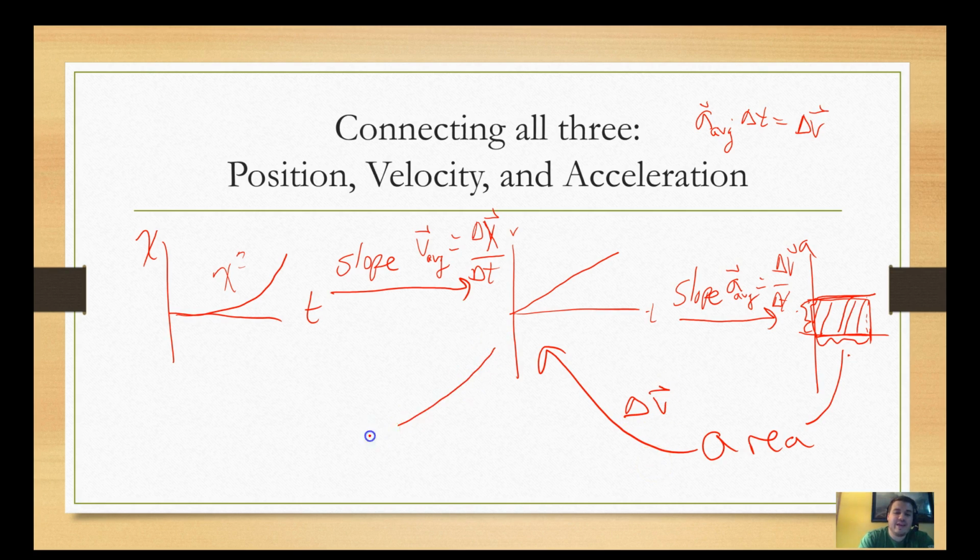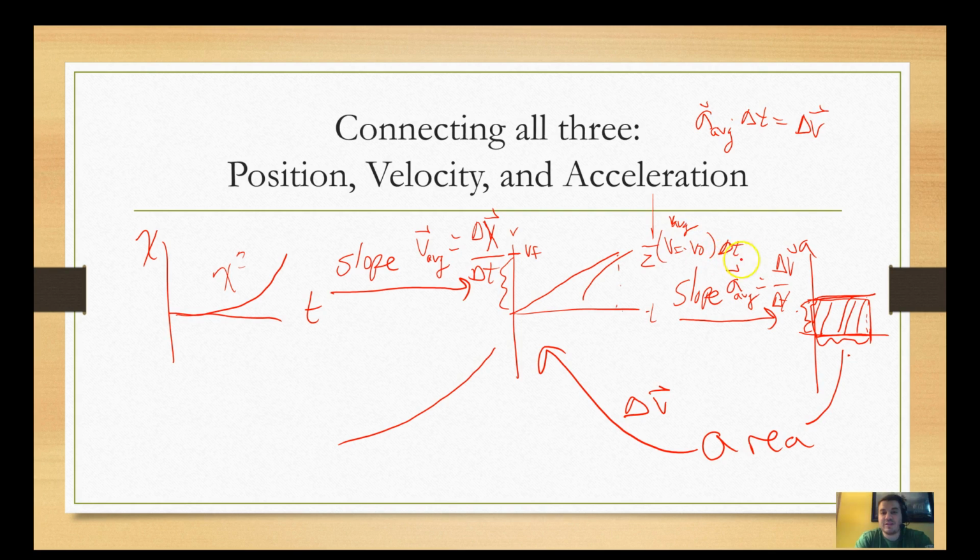And if I take the area of this graph, which would be a triangle, right? So in this case I do 1/2 times v final minus v initial. That would be the height, if we called this a final velocity, and multiply it by a change in time, then that would give me the area. And this 1/2 v final minus v initial is v average.